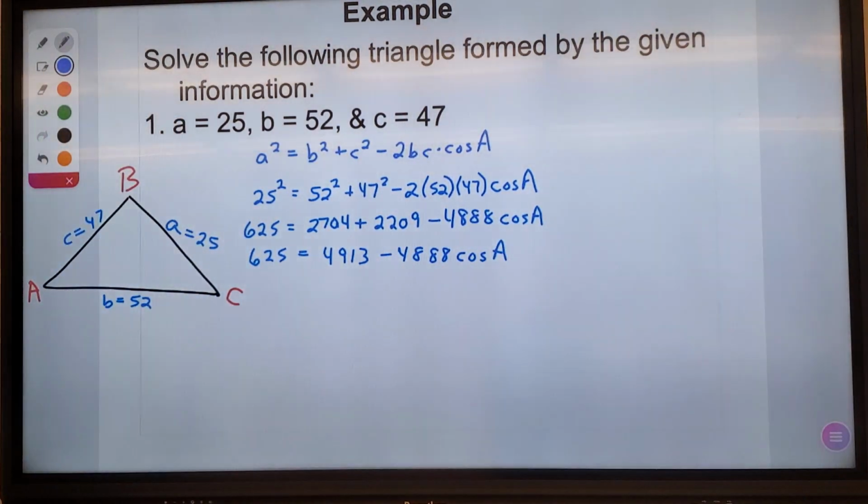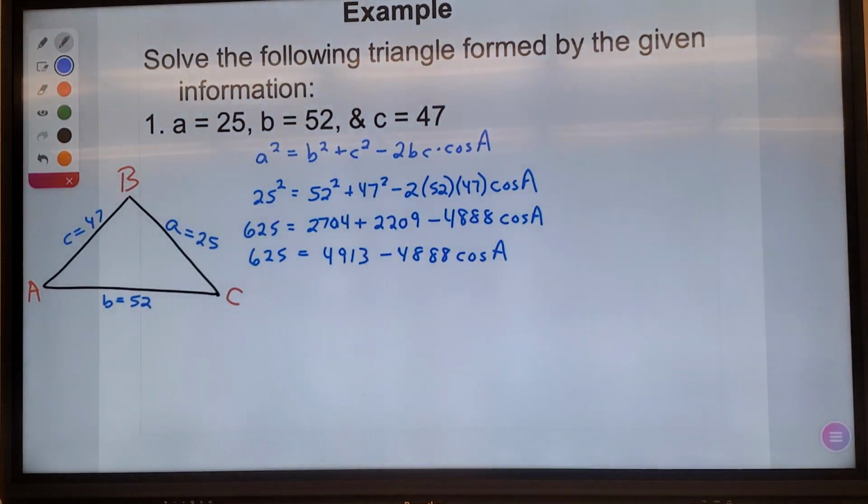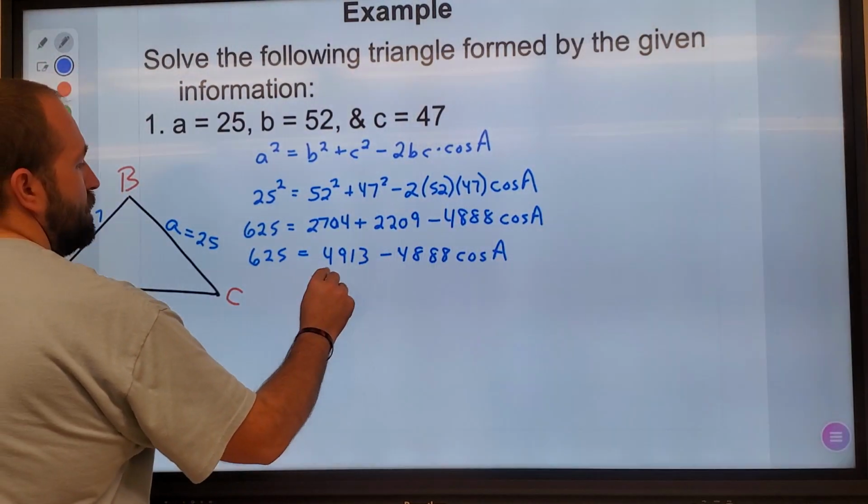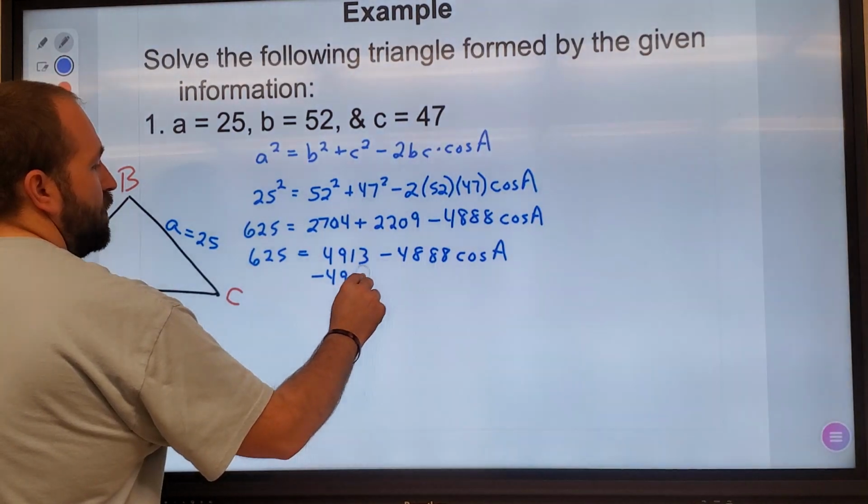Here, what I see a lot of times is people try to combine that 4,913 and subtract the 4,888. Please be sure not to do that. Cosine is multiplied by that 4,888, so we cannot do that. You have to subtract from both sides.